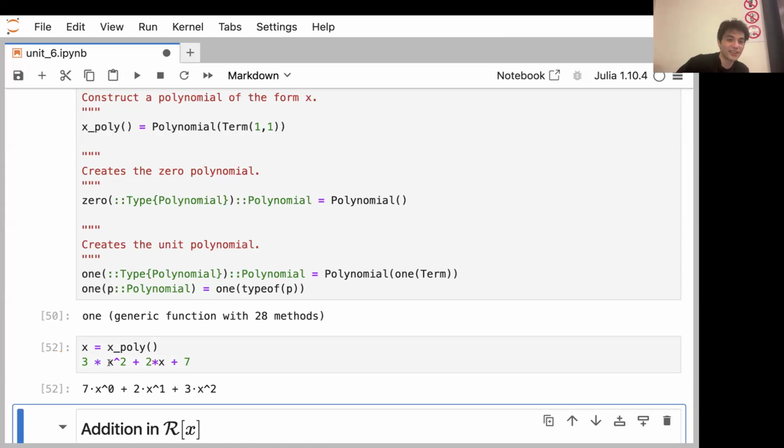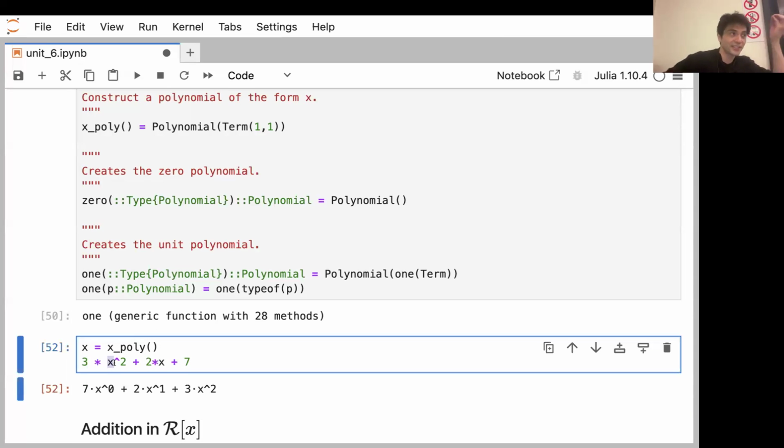Right? Because this is the x polynomial multiplied against itself to get x squared, multiplied by an integer 3, right? So as long as I tell Julia this is how you multiply polynomials. Oh, and I guess I shouldn't even say 3 isn't a polynomial, even though it's reading as an integer. But this is how we're going to have our users interface with polynomials.